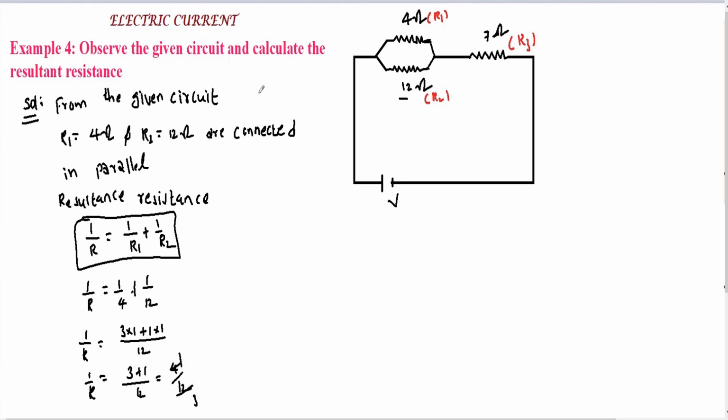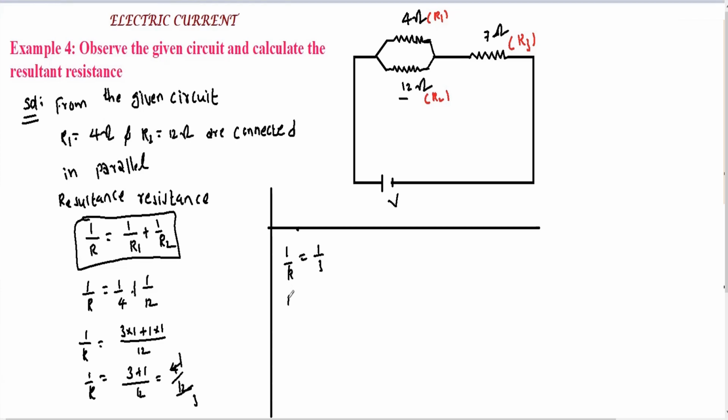So 1 by R equals 1 by 3. That means R equals 3 ohm.